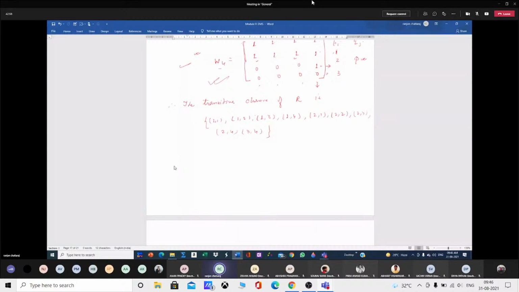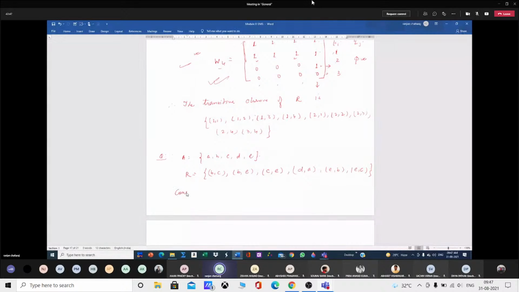Suppose we have a set A = {A, B, C, D, E}, and suppose our relation R is given by BC, BE, CE, DA, EC.